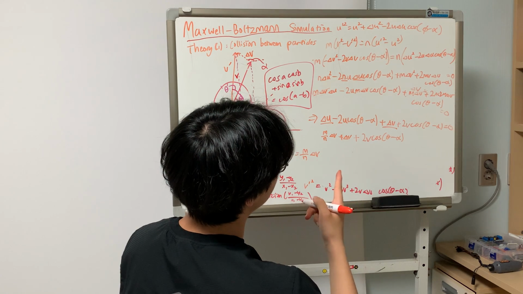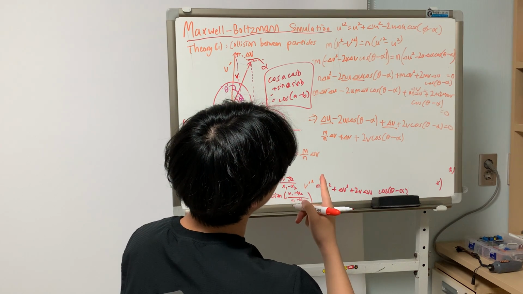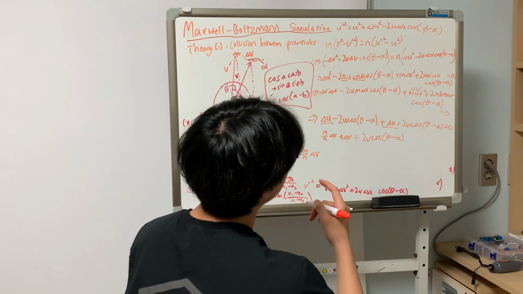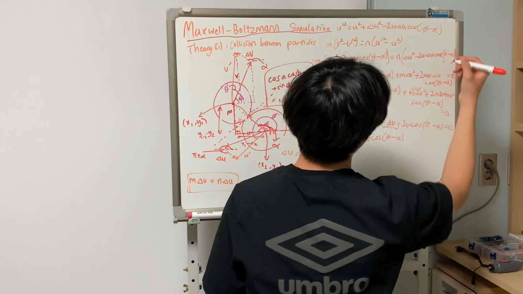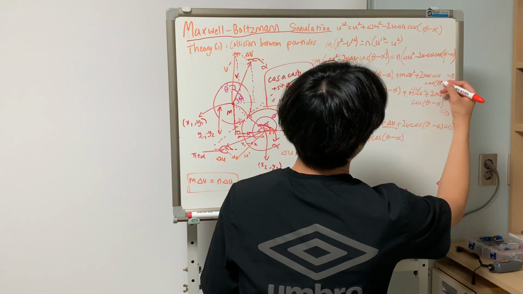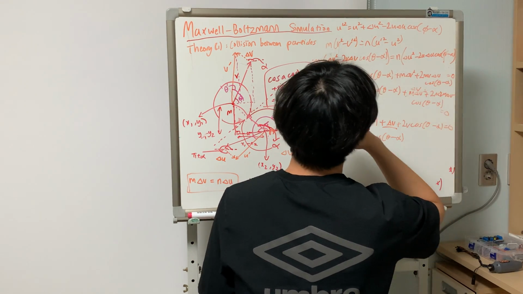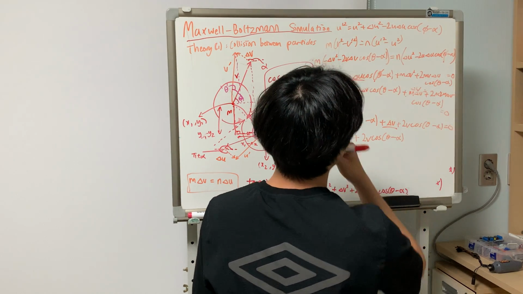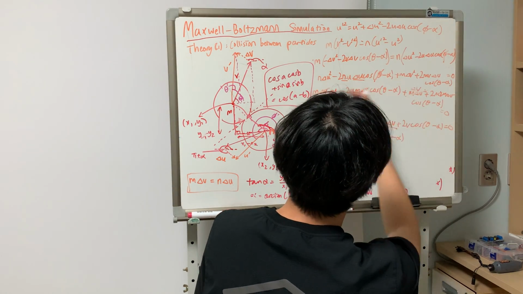Wait, when did everything become theta and alpha? What we also need is phi. So that shouldn't be a theta, that should be a phi. That should also be a phi, and that was m delta v.